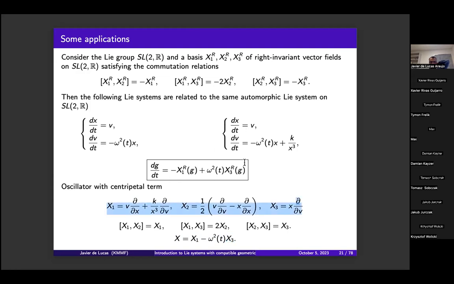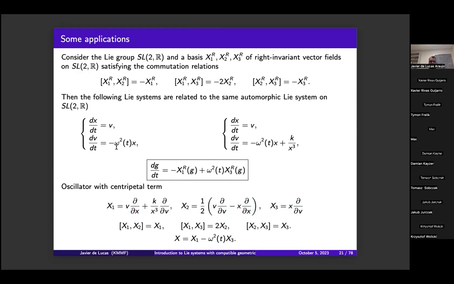This is for this one. And you will see that if you have this linear combination and you write the differential equations, you obtain this thing. If you make k equal to 0, this disappears, the relations are exactly the same, and you get this.